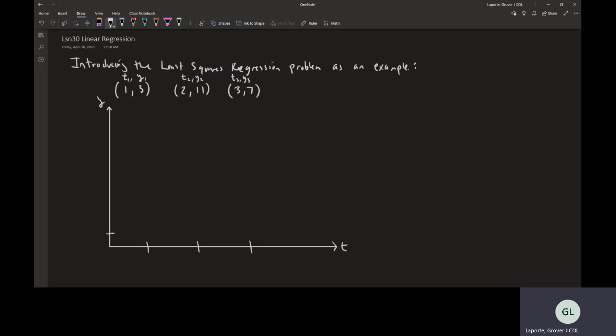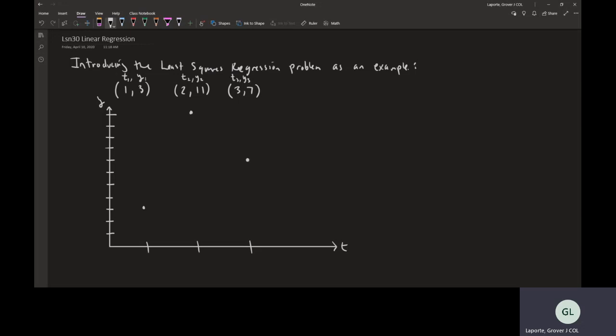So it's 1, 2, up through 11. Then we put in (1, 3), which is about right there. We put in (2, 11), which is about right there. And then (3, 7), which is about right there.